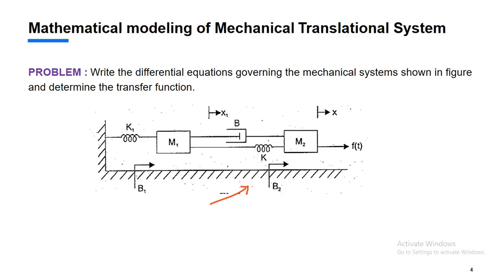So here if you observe, this particular system has two masses, so we have two nodes, and here there is an applied force. Because of this applied force, this mass will move. That displacement is represented by x, and this mass will also move, whose displacement is represented as x1. Let's see how to get a differential equation and transfer function.